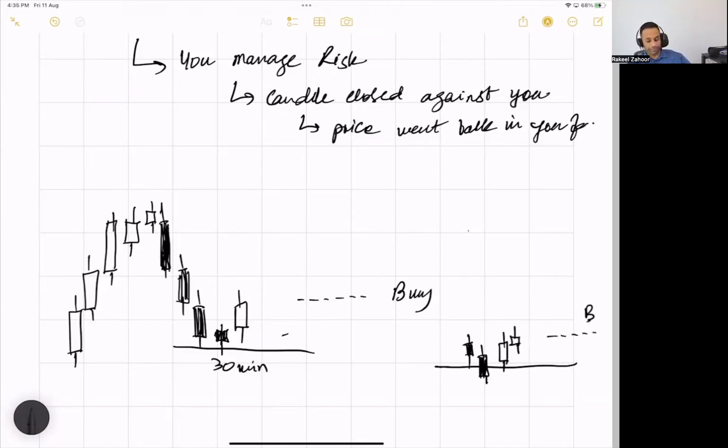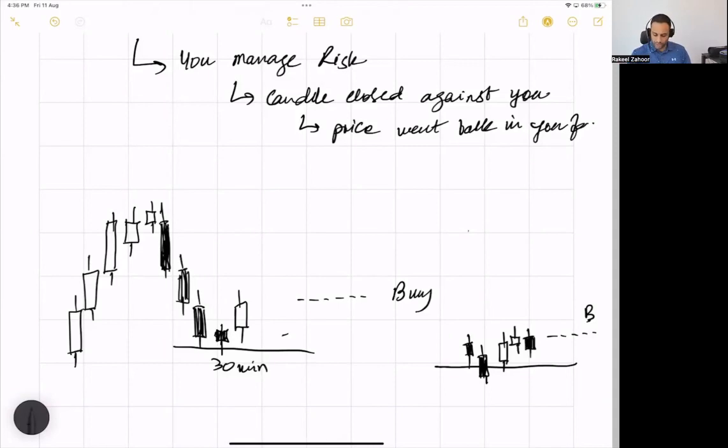What happens with the next 15-minute candle is that maybe we close bearish, right? Once we close bearish, you're like, oh, okay, I attended this virtual class with Raja, and Raja said that when you have a candle closing bearish on a smaller time frame, there's a higher probability that price is going to go against you.